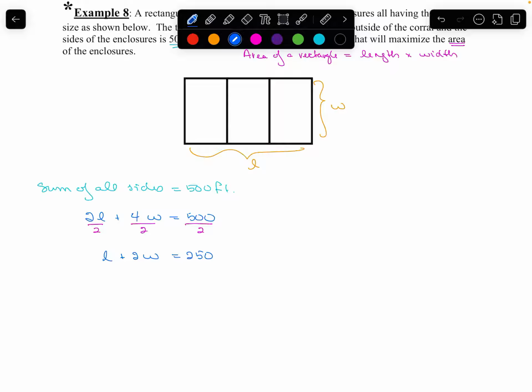Then from here, we can solve for one variable in terms of another, because when we do functions right now, we're only doing functions of one variable. We're not doing multivariable functions. So we need to go down to just one variable that describes another one. So when we solve for L, we get L is equal to 250 minus 2W.